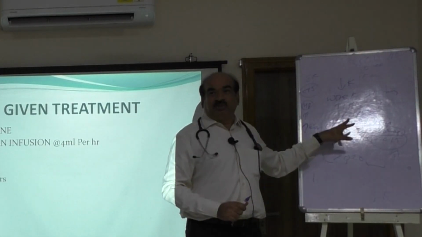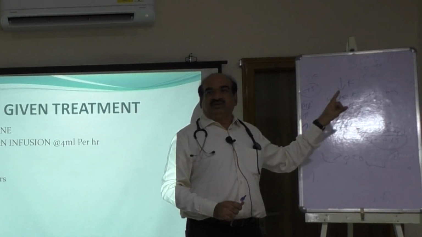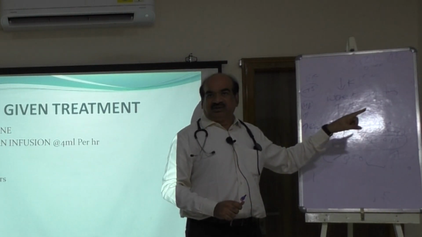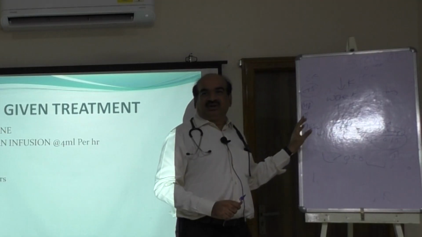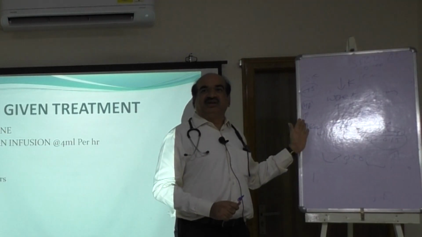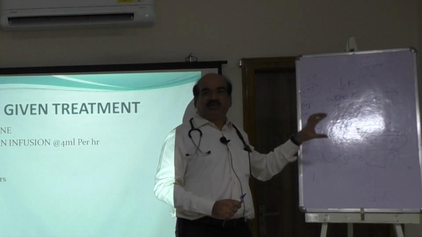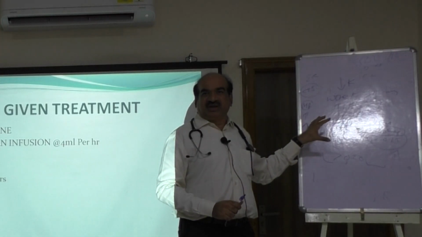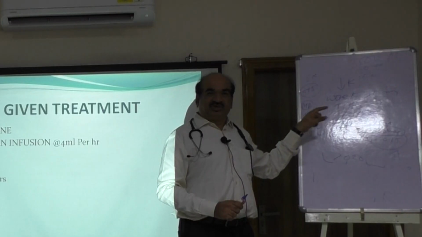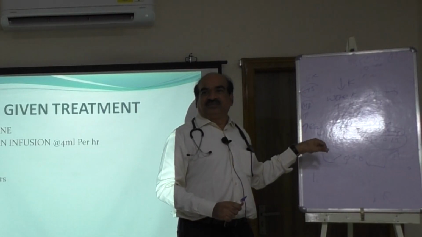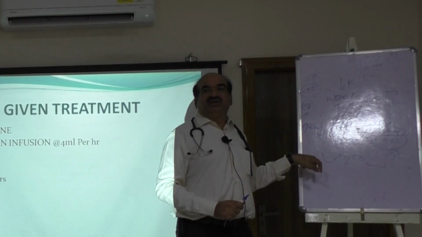Then check BP. If there is hypertension, check aldosterone. If aldosterone is high, renin is high, look for those causes. If aldosterone is high, renin is low, look for primary adrenal gland causes. If aldosterone is low, check cortisol. Cortisol is high, indicates Cushing syndrome.